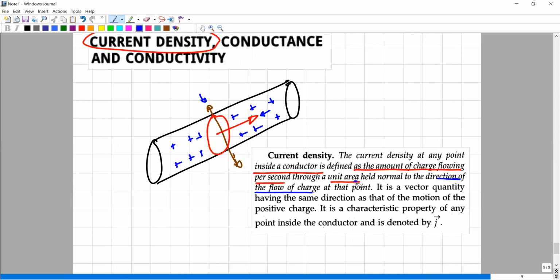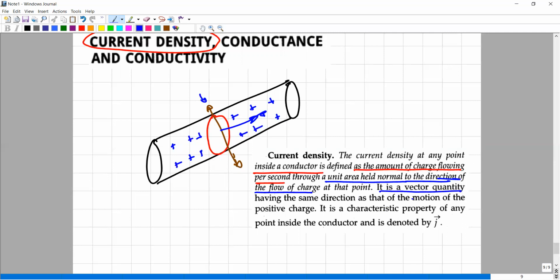So in the definition it is given as the unit area held normal to the direction of the flow of charge. This is your direction of flow of charge, and this unit area is held normal. So the definition is the amount of charge flowing per unit time through this area.